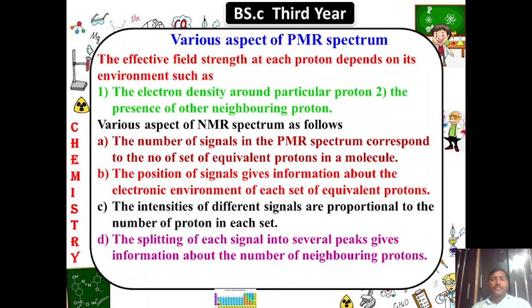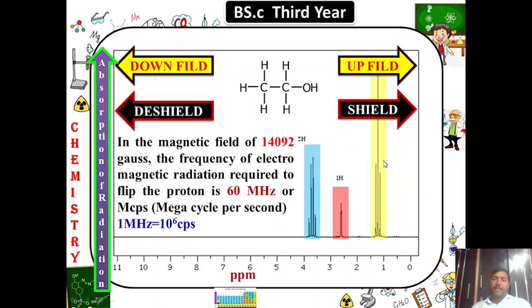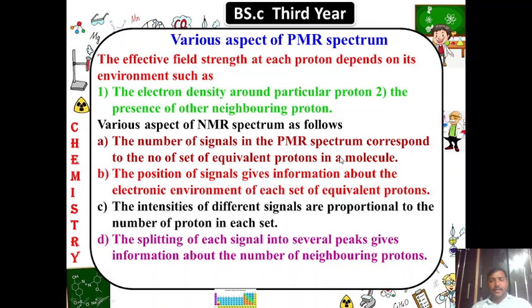The number of signals in the PMR spectrum corresponds to the number of sets of equivalent protons in the molecule. In the previous example, there are three sets. This is one set, this is two sets, this environment and this environment are different, and this is the third set, meaning 1, 2 and 3 sets in the molecule.